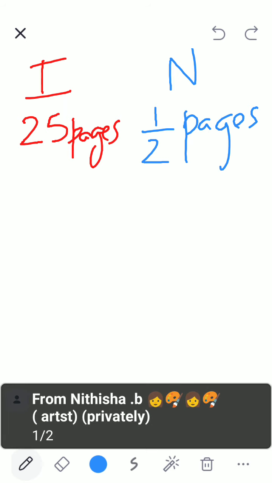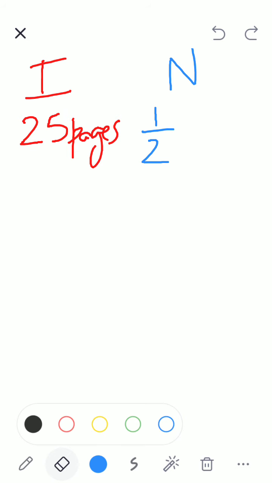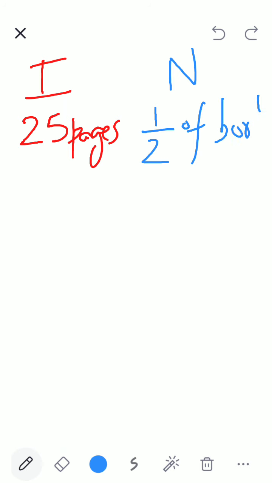Half the book, yes. So I will not write pages, I will write half of the book. So the fraction of the book Isha read was 25 out of 100.